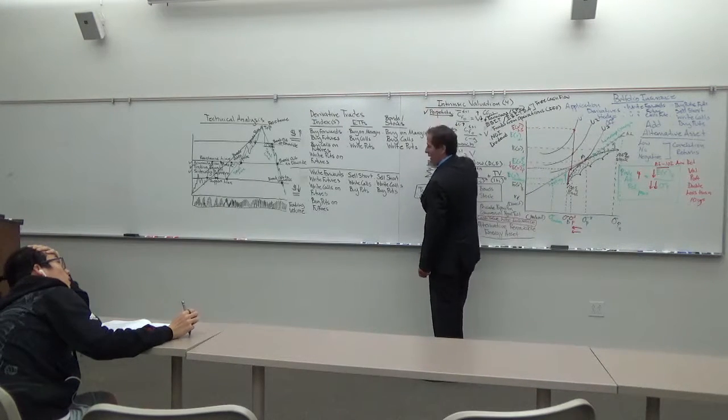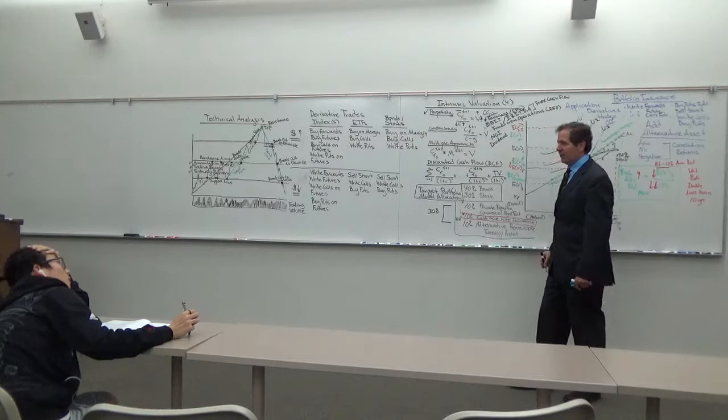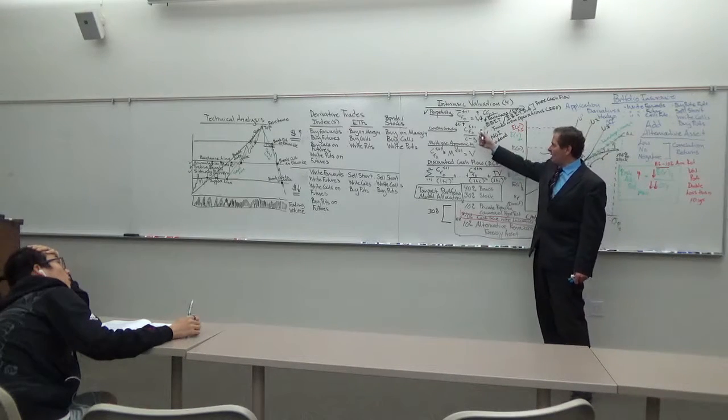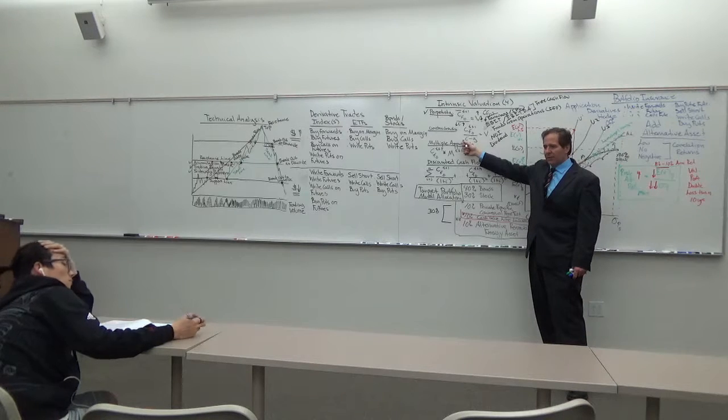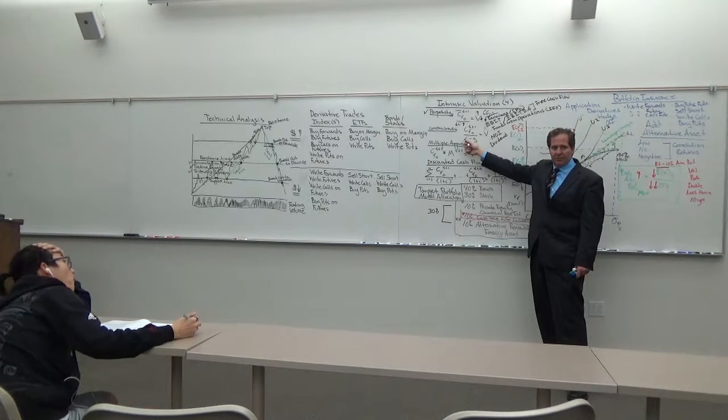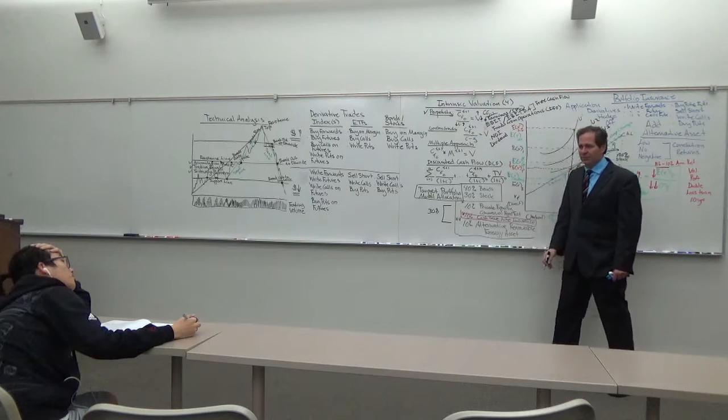The Gordon growth model basically assumes that the cash flows are going to grow at a constant rate forever. So it's going to be the expected return, or the discount rate, or the cost of capital, whatever your view is, minus the growth rate in the cash flows that are going to grow at a constant rate forever, is going to give you the valuation.